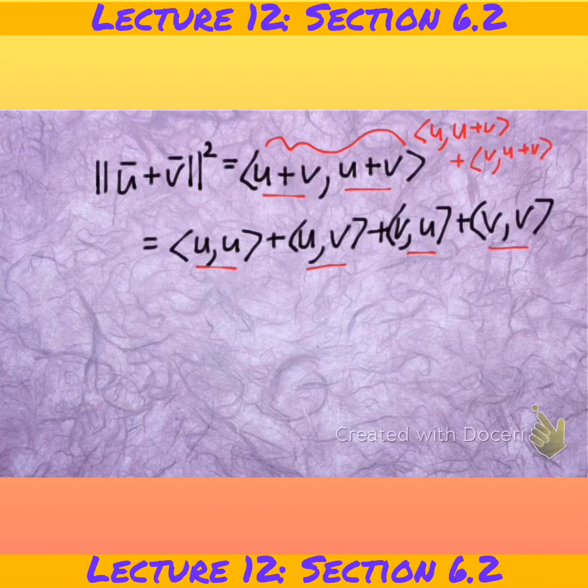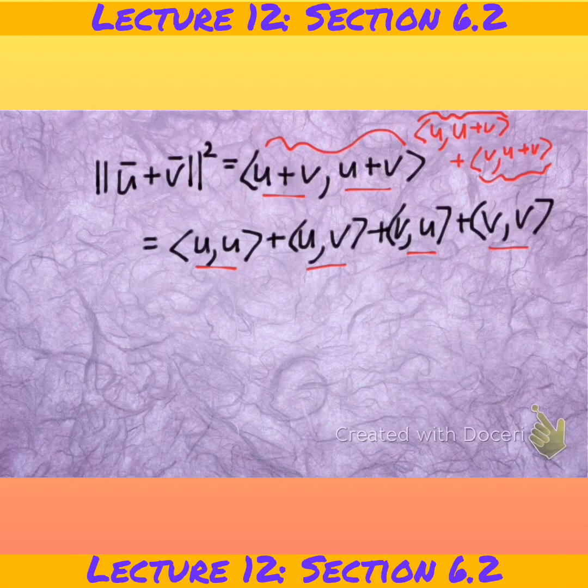Then we split the first term into the inner product of u with itself plus the inner product of u with v, and the second into the inner product of v with u plus the inner product of v with itself. We can do that because we derived a theorem, as well as the axiom, to break up the inner product of vectors expressed as a sum of two different vectors.